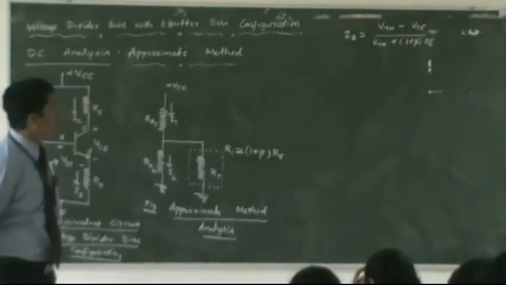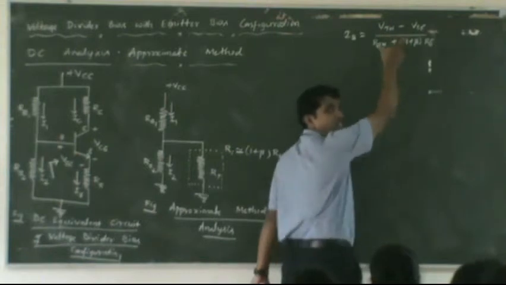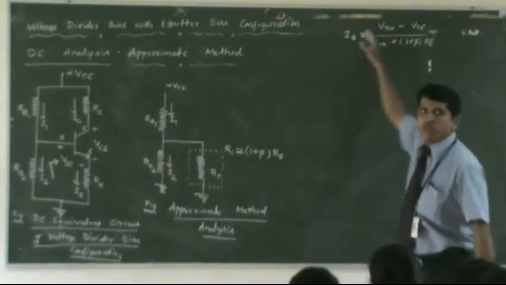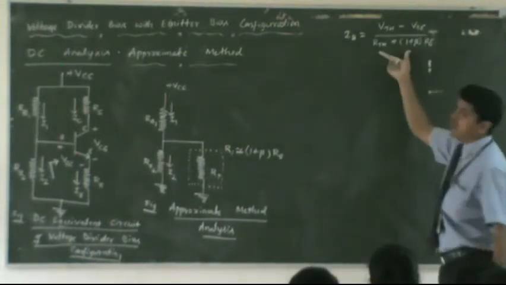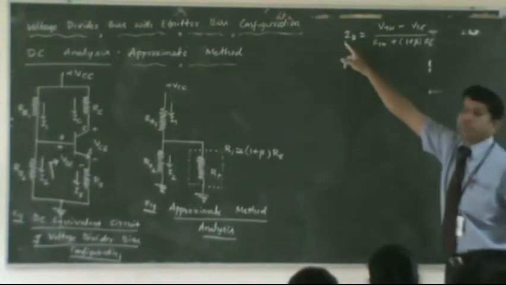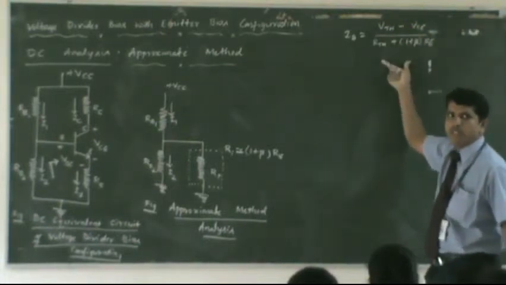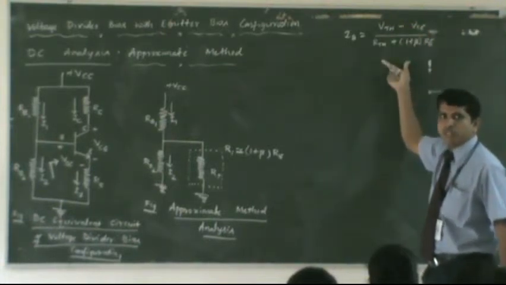Look at this expression now. This is the input current and the numerator must be the effective input voltage. What must this then be? It must be the input resistance.